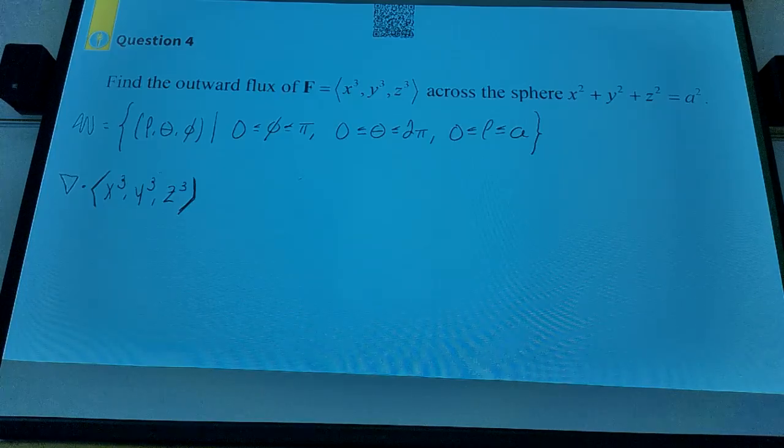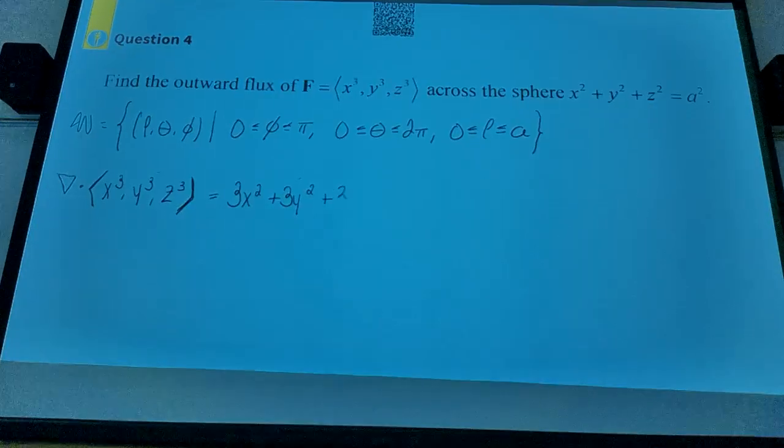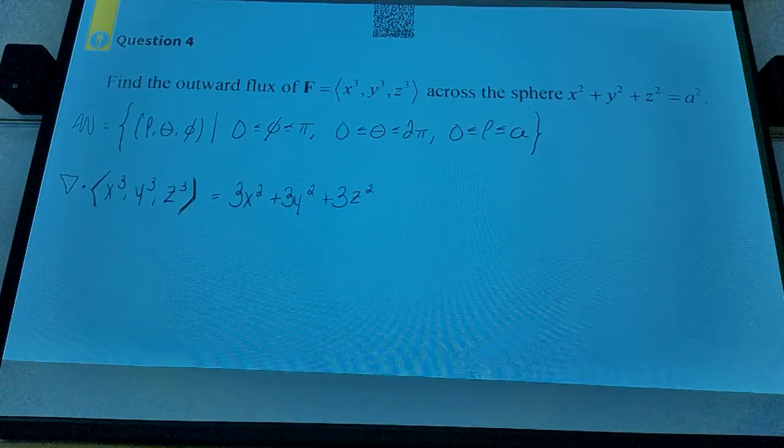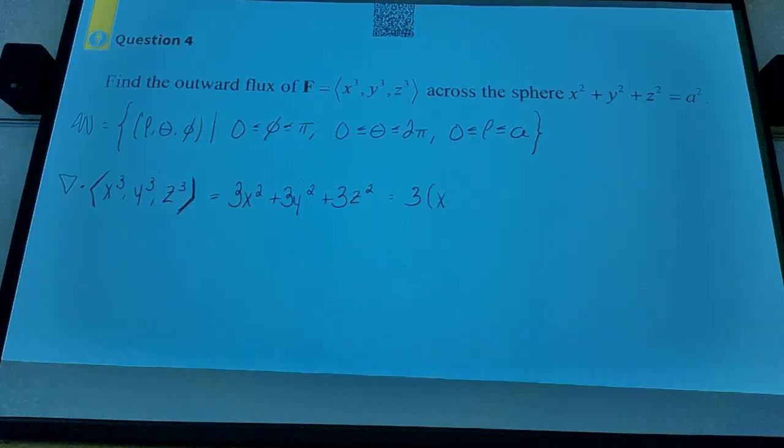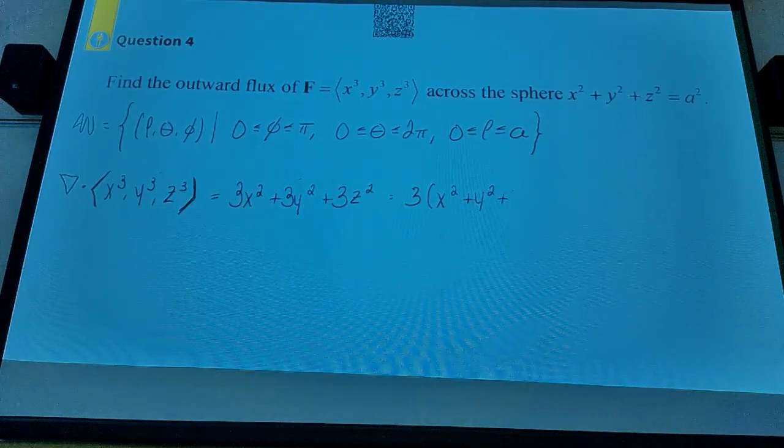We also need the divergence of the field. This is a simple divergence: 3x squared plus 3y squared plus 3z squared.